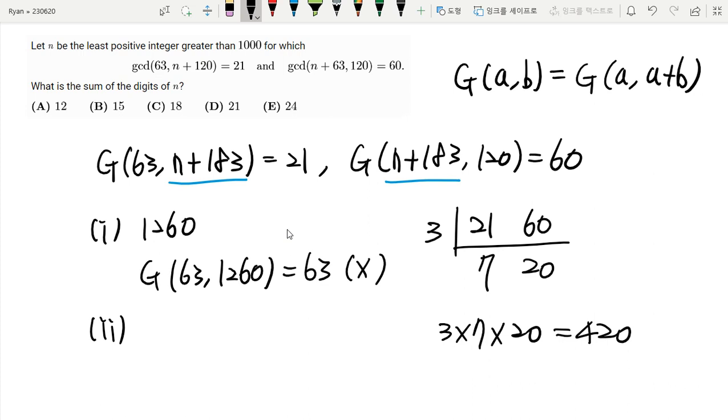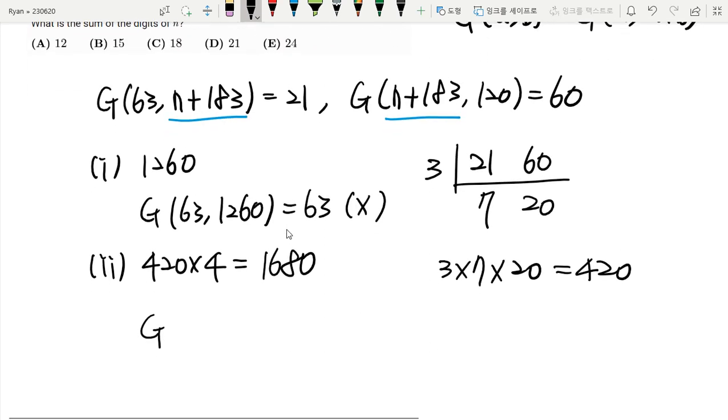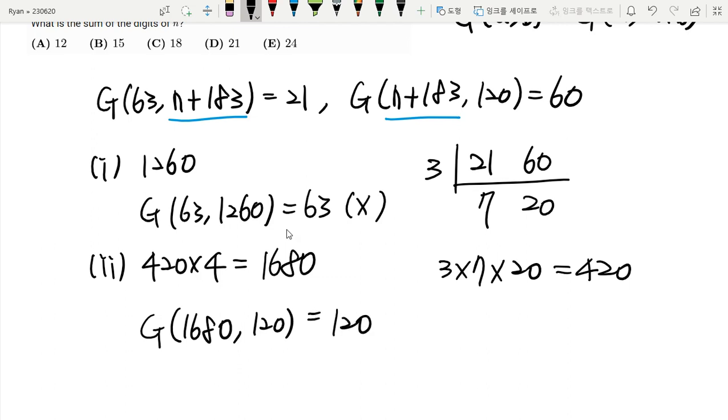So that means you are multiplying 4 by 420. Yeah, 1680. And if we check the GCF between this number and 120, it is 120 because 1680 is a multiple of 120, so it's not 60. So this is also not the case we want.